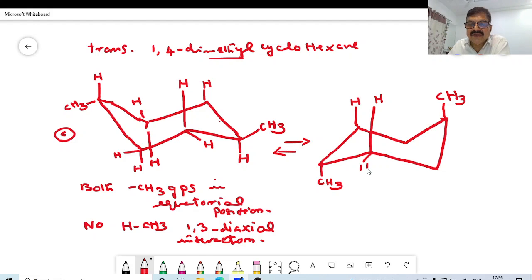This is equatorial, then here it is equatorial. Then this methyl group is here. Then there will be one axial here, this is equatorial, then this will be an axial hydrogen, and another axial hydrogen here.